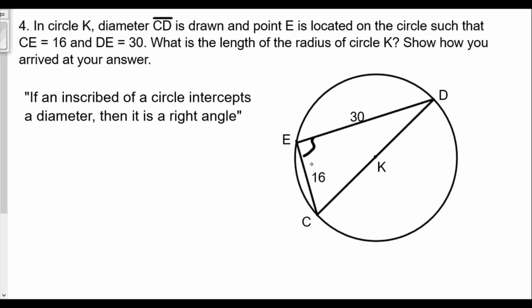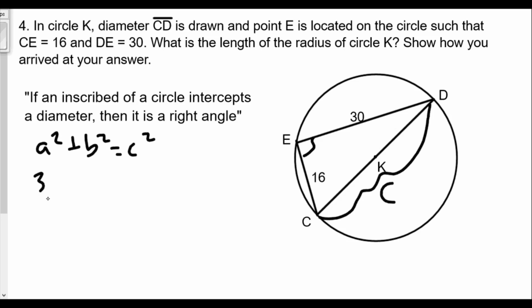And if that's the case, we're trying to find DC. DC is going to be the hypotenuse of a right triangle, so I'll call it c. We're using the Pythagorean theorem, a squared plus b squared equals c squared.